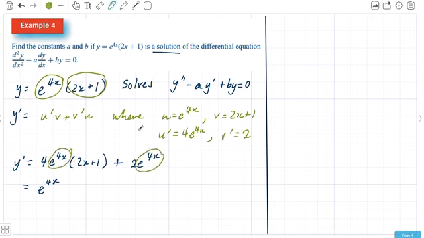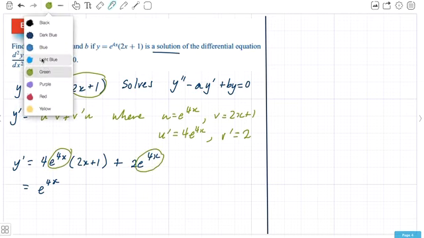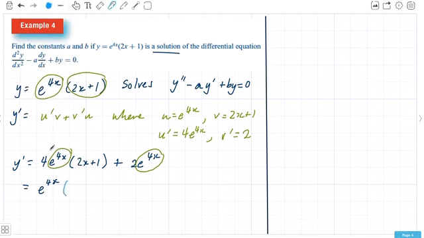So in the brackets, 4 times 2x is 8x, 4 times 1 is 4, plus 2. That's all the stuff multiplying e^(4x). So we'd have y' = (8x + 6)e^(4x).